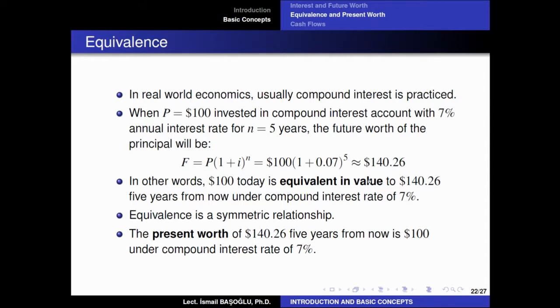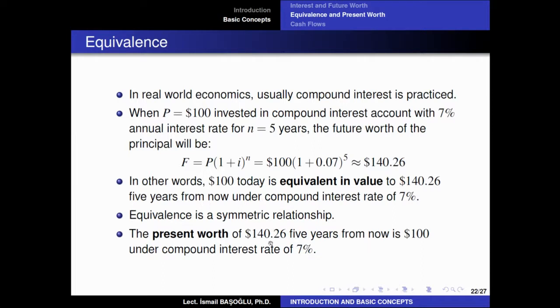You can say that the future worth of a $100 principal 5 years from now under a 7% compounding interest rate per year is $140.26, or you can say the vice versa, the opposite: the present worth of $140.26 5 years from now is $100 under a compound interest rate of 7%.